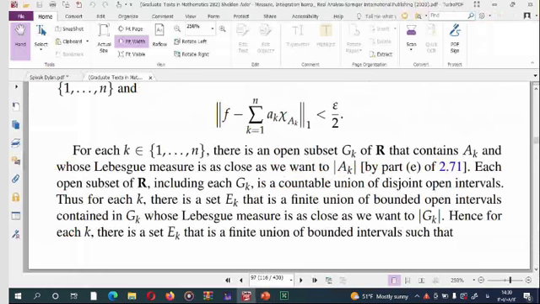Now each open subset of R, including each G_k, is a countable union of disjoint open intervals. Thus, for each k there is a set E_k that is a finite union of bounded open intervals, whose Lebesgue measure is as close as we want to that of G_k.